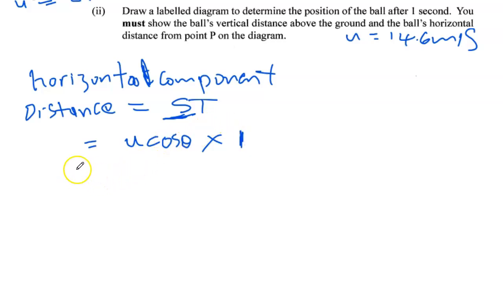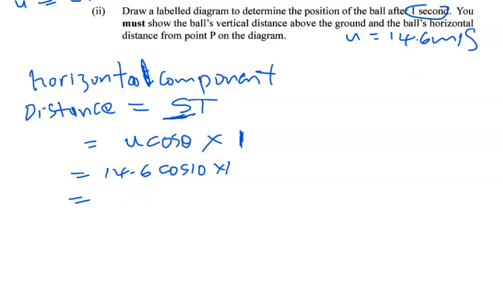So we take 14.6 as the speed, and the horizontal component is cos of the angle, times 1.